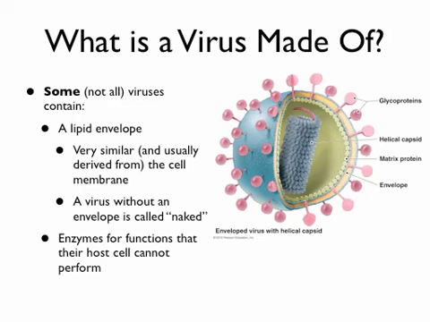Since it has to go backwards, it has to carry its own enzyme called a retrotranscriptase, because it's going backwards from RNA to DNA. It has to carry that in with it. So some viruses have some specialized enzymes that they take with them, and some of them don't. So that's generally what composes a virus.